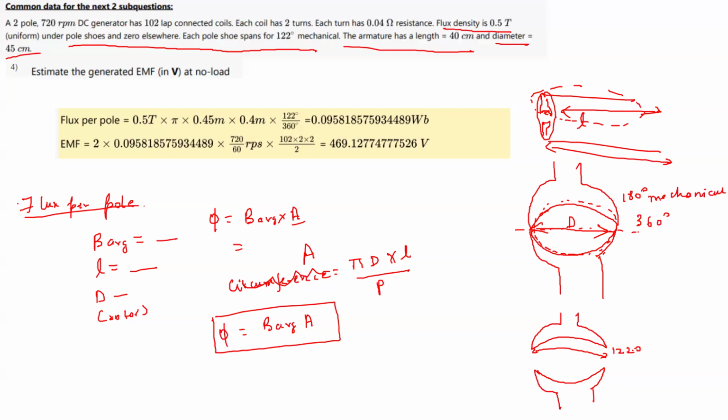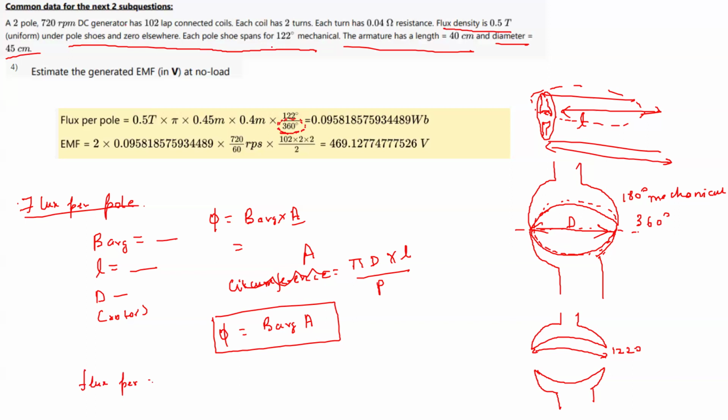Okay, now here I thought that there is one mistake in this calculation. Okay, but I will clear whether this is a mistake or not. So what is flux per pole? हाँ हाँ, 360 डिग्री तो दो के लिए है, 360 degree is for the two. Okay, but they're not saying that both the pole shoes span 122-degree, right?